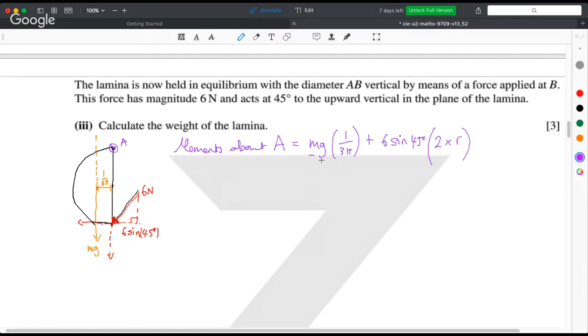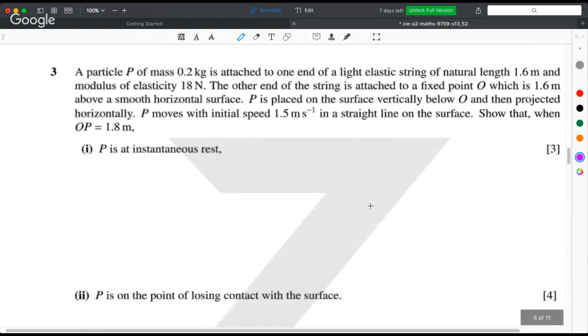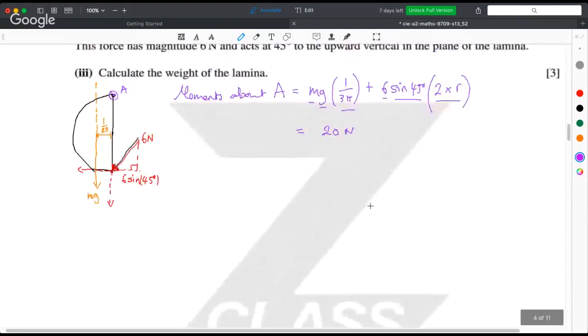So we know m, we know g, we know 1 on 3 pi, we know 6, we know sine 45, and we know r. So you can get 20 newtons from this. So you just have to remember how to calculate the moment. And I guess recognize that that's what they're going to want.